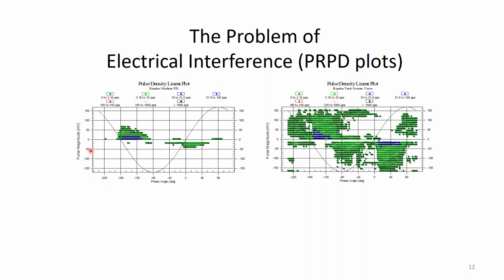The vertical scale is the PD magnitude, which could be in millivolts or picocoulombs or nanocoulombs or milliamps or dB or whatever measurement unit you want. In this case, it's between 0 and 150 millivolts and 0 to minus 150 millivolts. And this is on a real operating machine, and this is very characteristic of what the PD pattern would ideally look like if there was no interference.